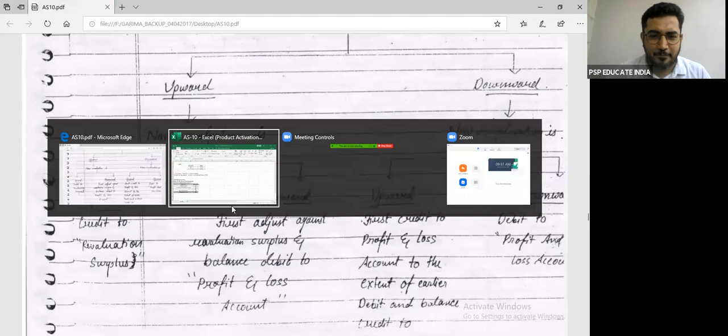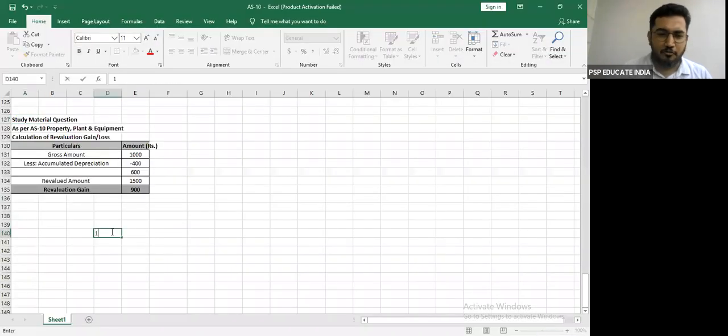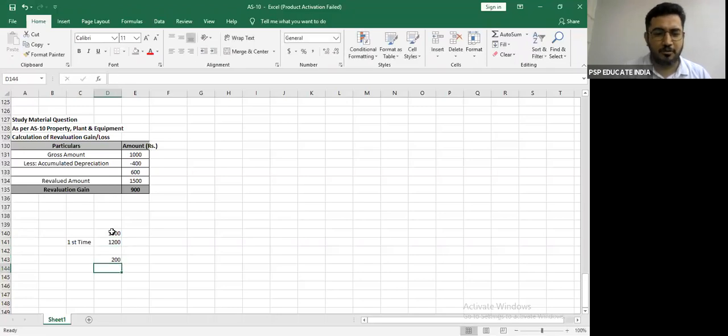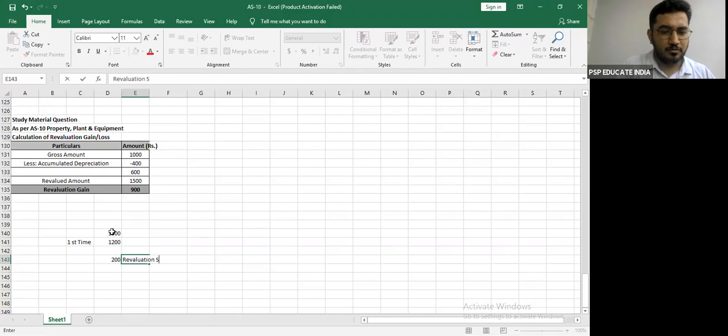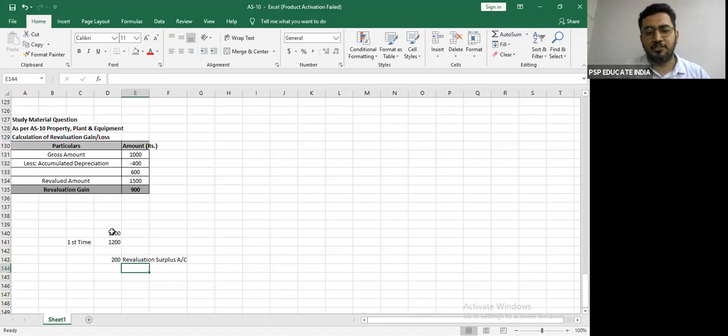Let's take an example. Suppose the value of the asset is 1000. First time revaluation, I am writing over here. First time revaluation, it comes to 1200. कितना revaluation हुआ? Upward. 200 goes to revaluation surplus.